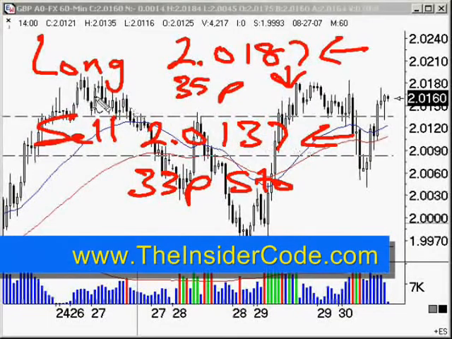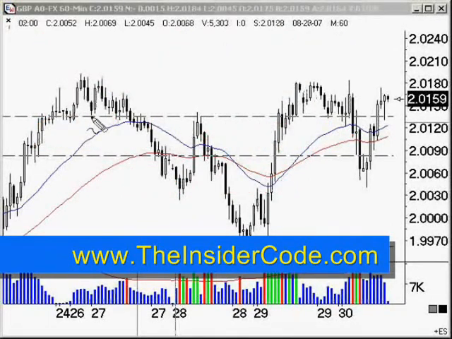Relative to the market action, a more conservative stop is going to be placed below the logical points. Let me erase this here. So the logical point here would be a conservative stop because it's going to take more activity for the market to get through there.